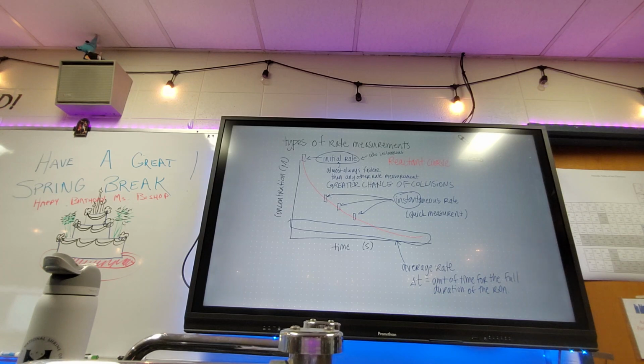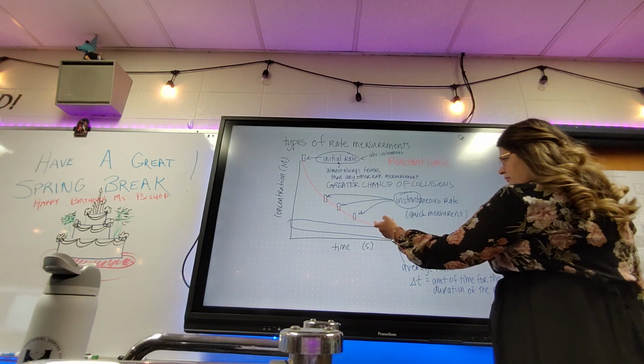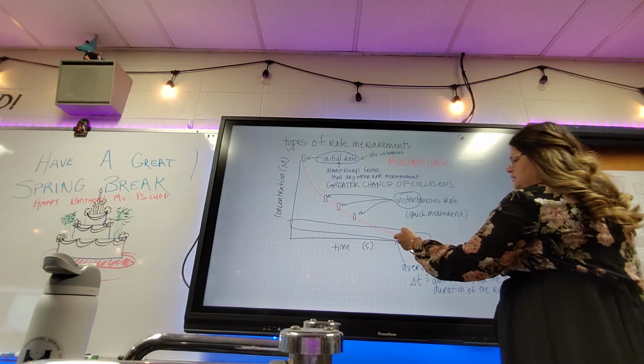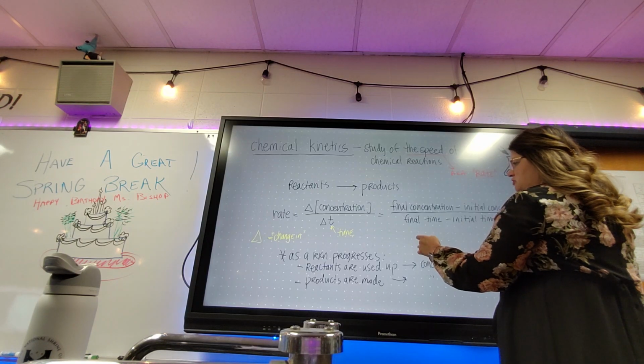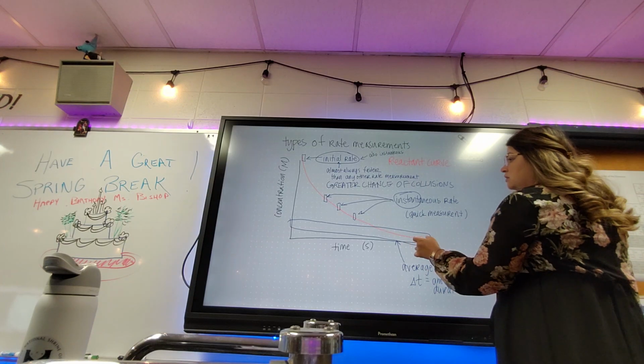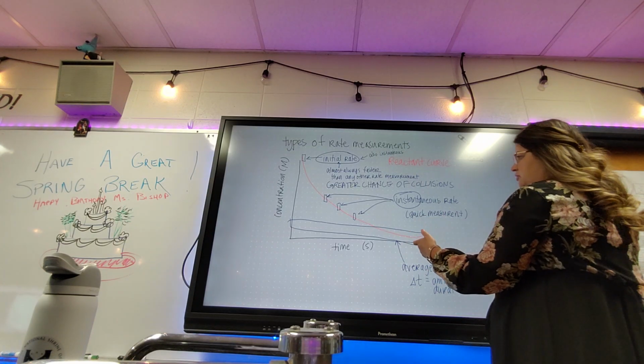The initial rate should always be faster than the average rate, because over here you can see that the graph kind of flatlines. It means that your concentration isn't changing very much, because you're getting so close to there not being any reactants left over.